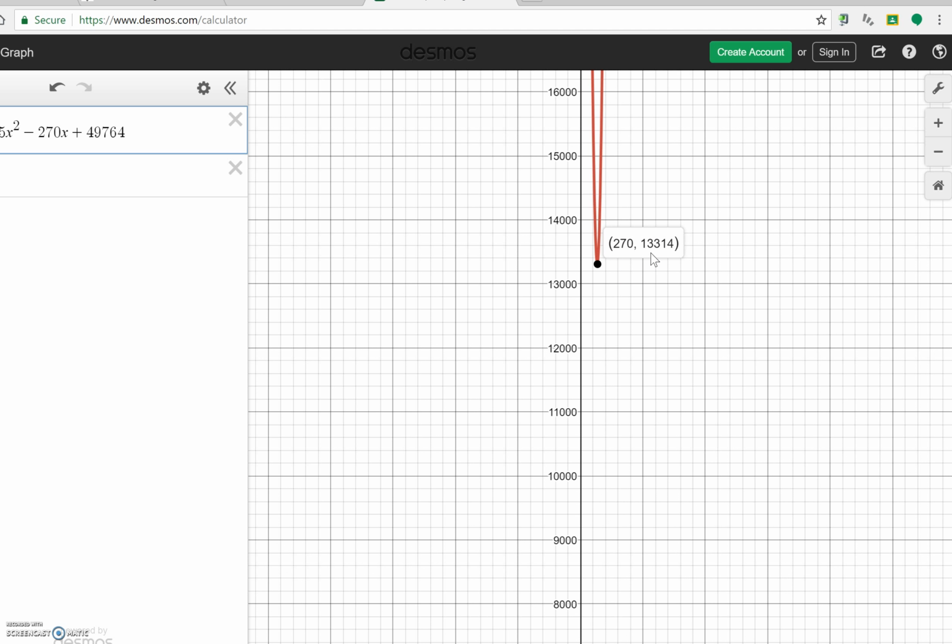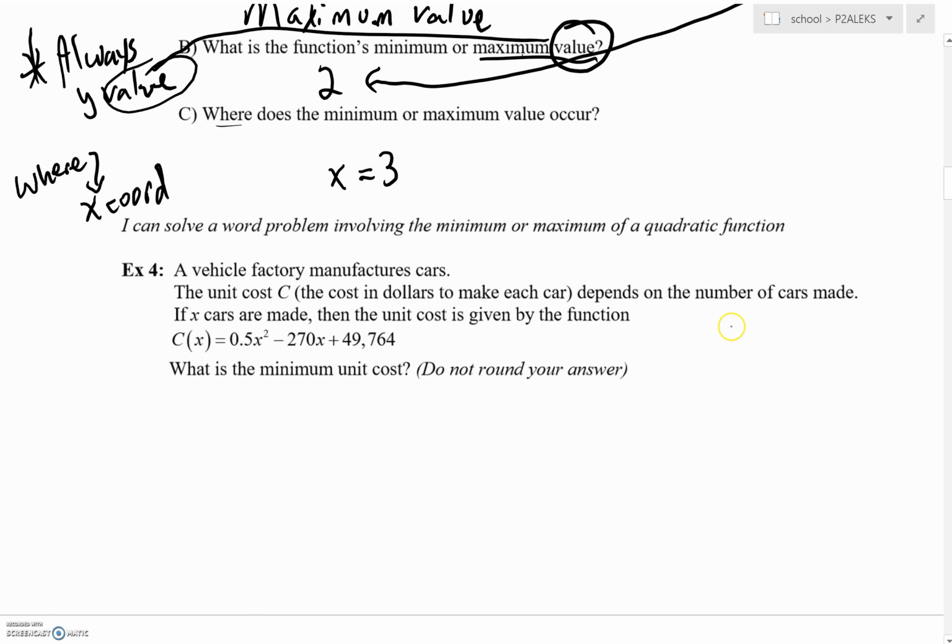So we've got 270, 13,314. Let me go back real fast to our notes and say, look, at the end of the day, you've got a parabola that's opening up, and we just saw it was 270, 13,314. Remember, it's your y value, your y coordinate, that is a maximum or a minimum value.